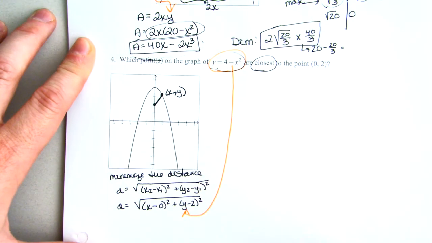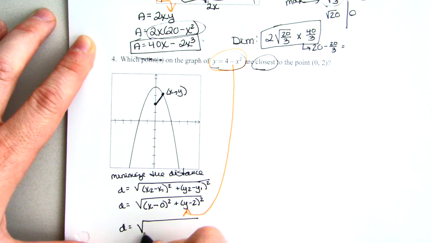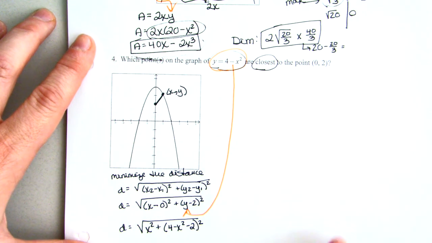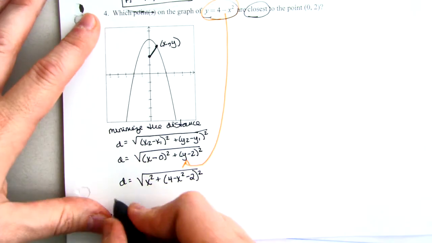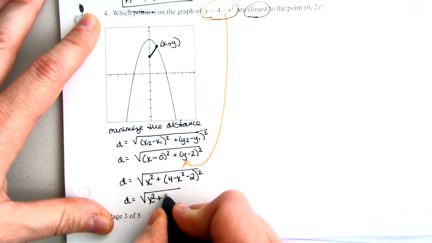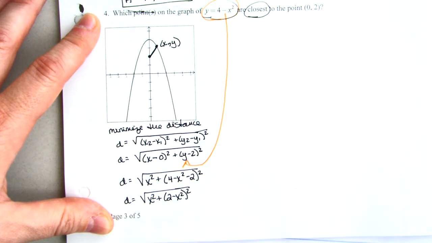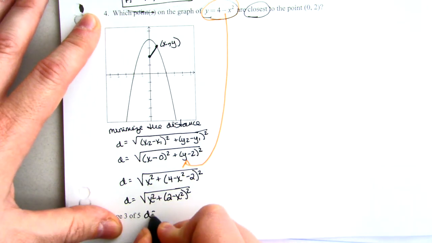I'm going to plug that in for y. I'm going to get d equals the square root of x squared plus 4 minus x squared minus 2 squared. Oh, running out of space. D equals the square root of x squared plus 2 minus x squared squared. Write it out twice and FOIL.